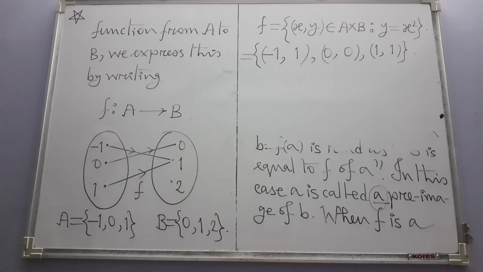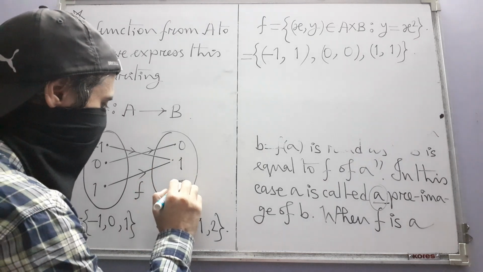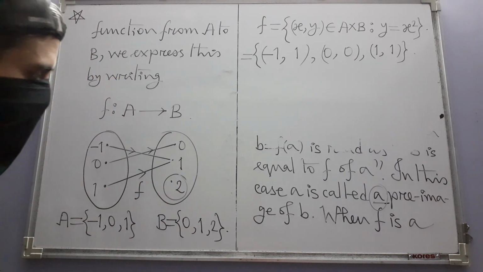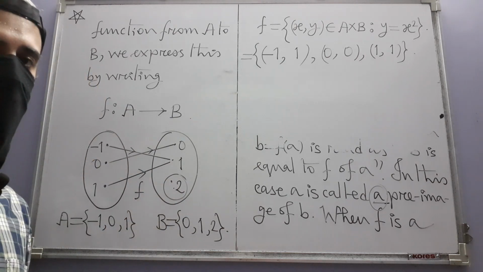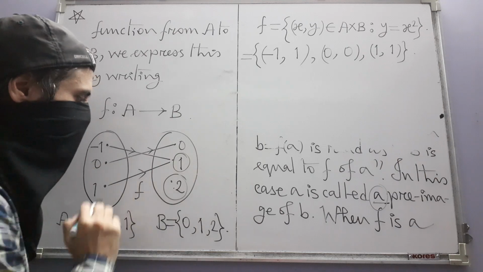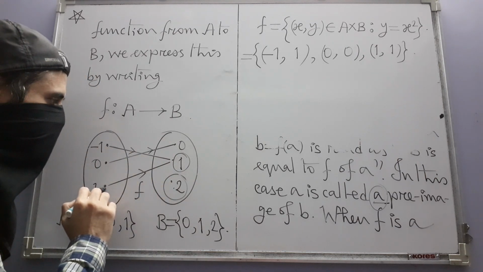But note that something has happened here. On this side, 2 is sitting idly and safely because it is not being attacked by anyone. Maybe 1 is such an important target that 1 is being attacked by 2 soldiers.